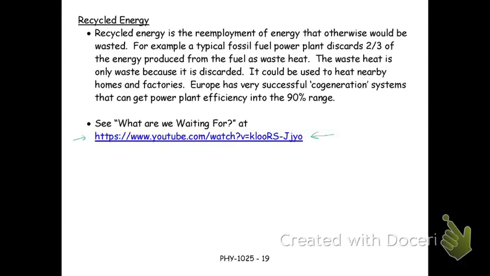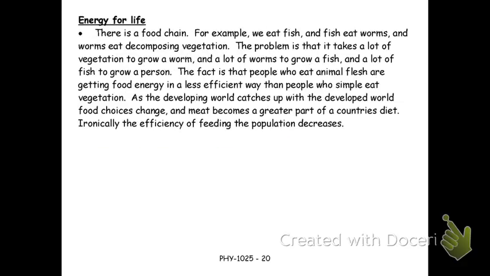Imagine all those trucks of oil or coal or whatever that have to pull into that plant, and effectively we just waste them. 2/3 of everything comes in, we just waste it. By the way, a typical gasoline engine is about 30% efficient. So also 2/3 of the gasoline you put in your car is just wasted.